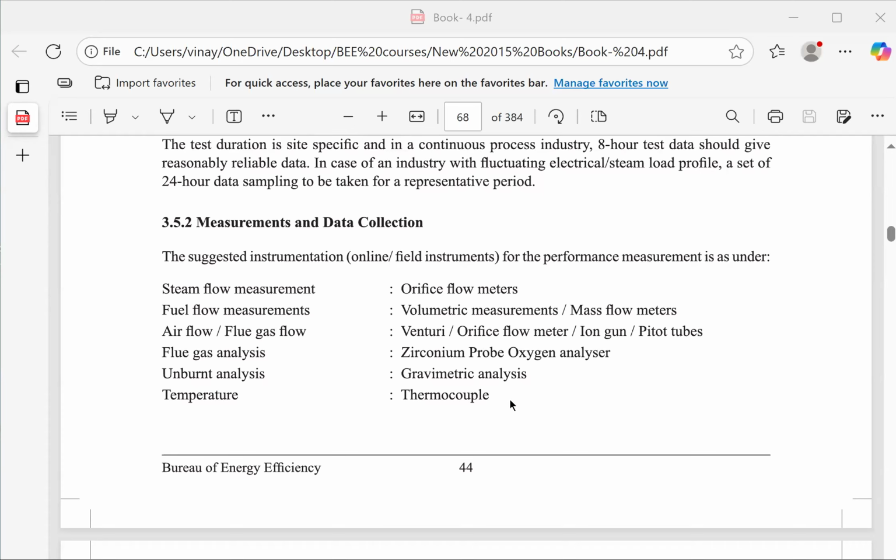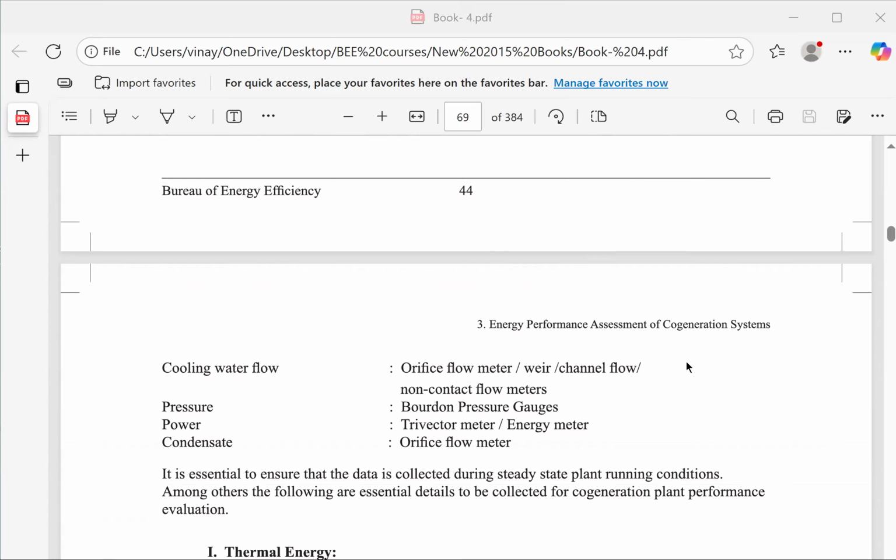And all temperatures are measured with thermocouple. Mercury-in-glass thermometers are useless for high temperatures because here we are dealing with temperatures always more than 100 degrees. So thermocouple is the standard method of temperature measurement. Sometimes in a multiple choice question, they may ask what instrument you will use for what.